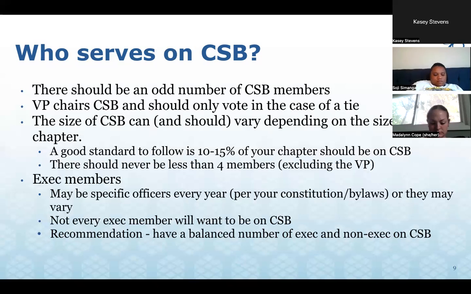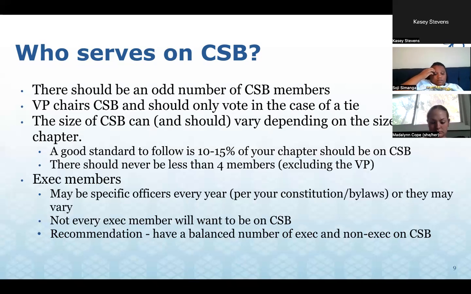So when it comes to executive members of your chapter standards board, in your constitution, like I mentioned for Phi Chapter, we actually had specific officers who were designated as required to sit on our chapter standards board.